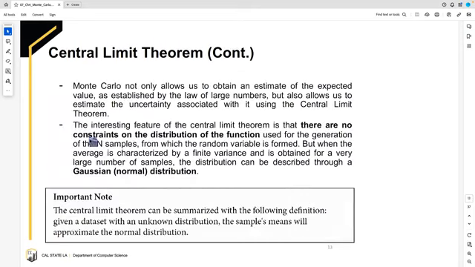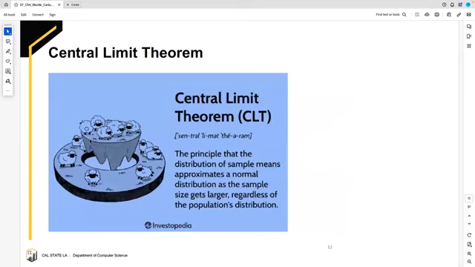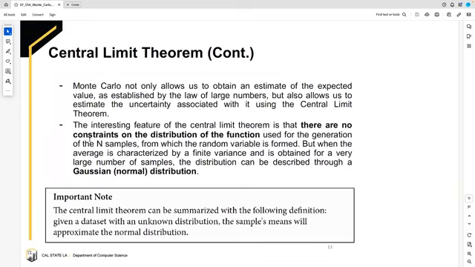This is again what we learned from the law of large numbers. In the central limit theorem, though, you also learn about the distribution of the means, but as I said, I'm not going through the details of that. Here is a more formal definition of the central limit theorem.